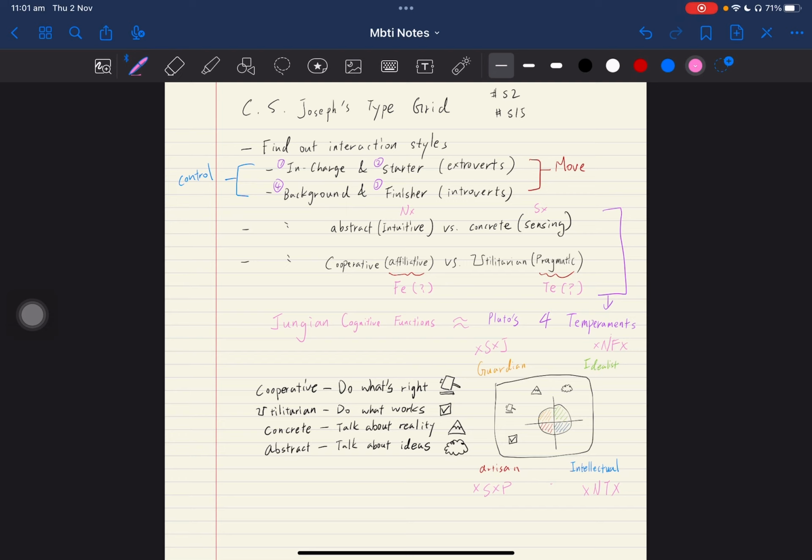Because we are dividing everything into a Boolean decision: are you a corrective person or a utilitarian person? Are you abstract or concrete? Are you in charge or starter, or a background or finisher? Or you first decide, are you a movement or control type?